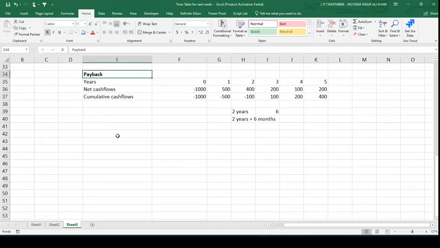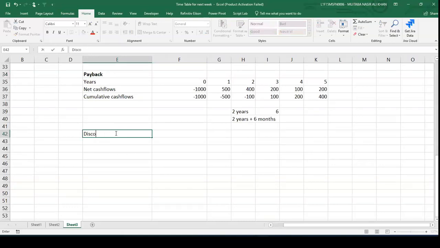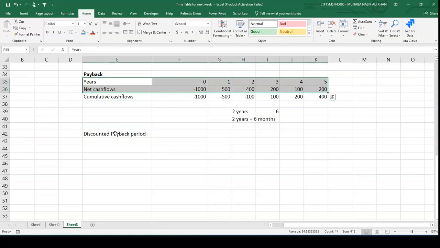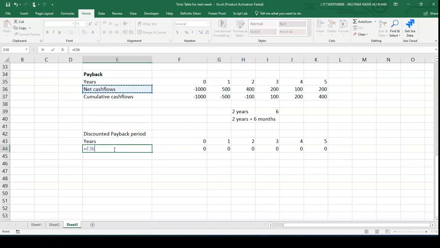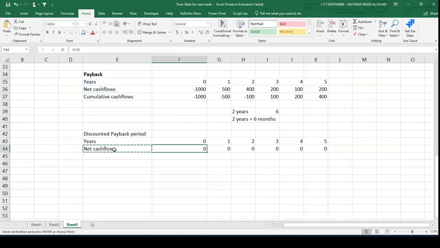So how to calculate the discounted payback period? Remember, for the discounted payback period, we need present value. So let me copy these two. Net cash flows. Let me link it with the cell. Always create a link with the cell.